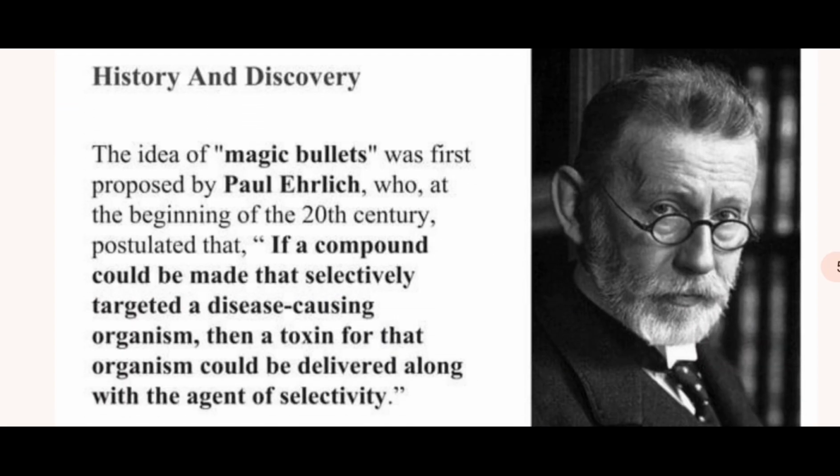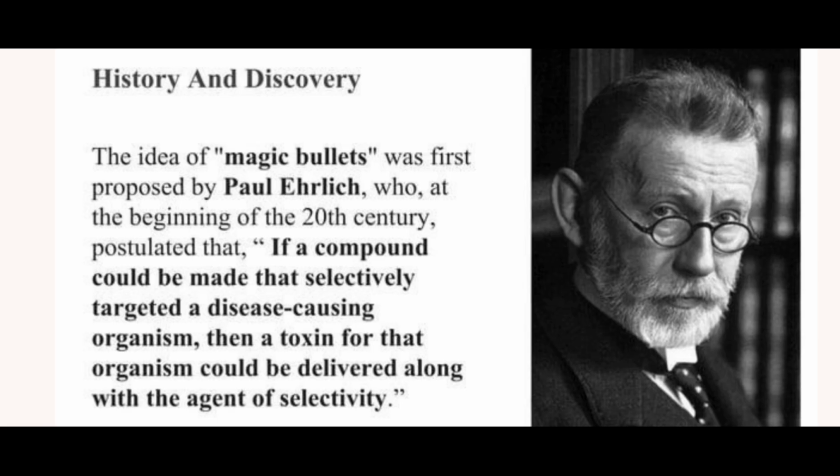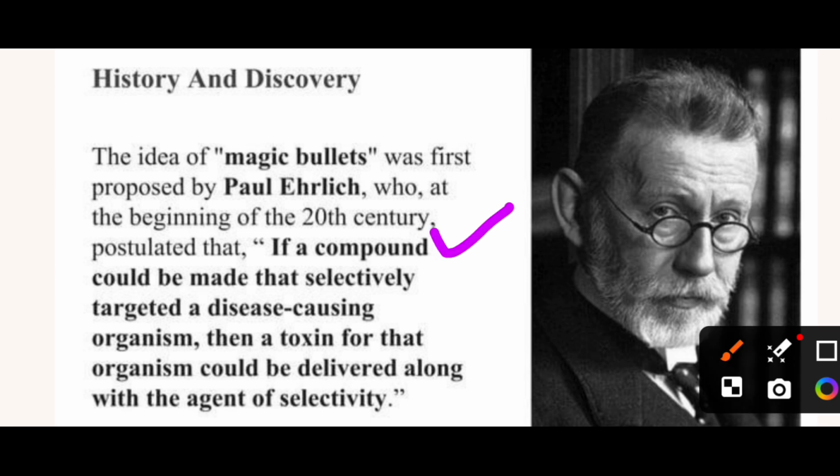The idea of the magic bullets was first proposed by Paul Ehrlich, who at the beginning of the 20th century postulated that if a compound could be made that selectively targets a disease-causing organism, then a toxin for that organism could be delivered along with the agent of selectivity.